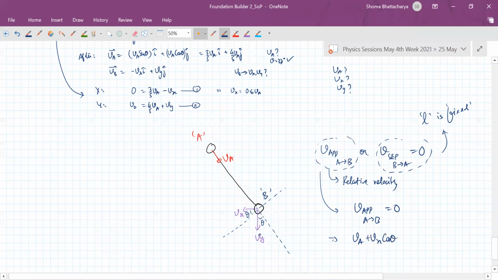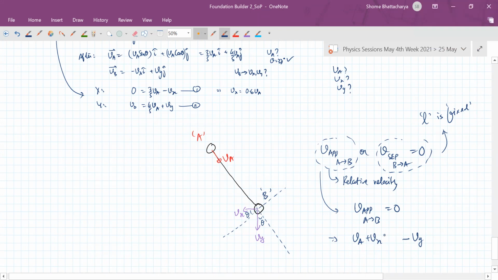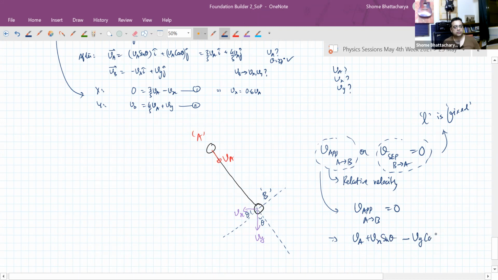And there is also this third component Vy, which is away from A, so that is giving it a negative term of Vy. Sorry, this one is sine theta, because the angle with the thread is 90 minus theta. This angle is 90 minus theta. So this is minus Vy cos theta.